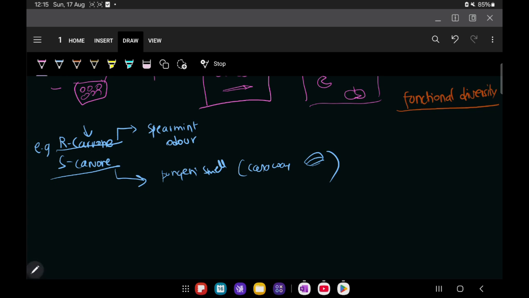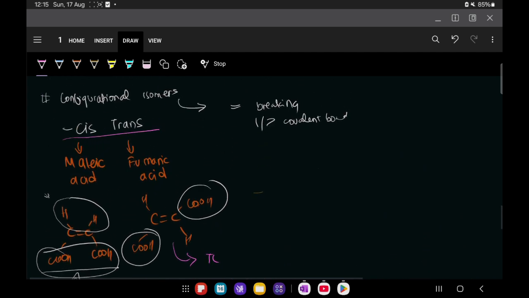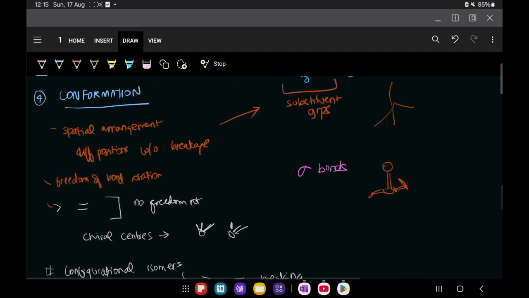Alright, so in conformations you can also have examples. We have examples for configuration, cis and trans. For conformation we have examples of eclipsed and staggered.